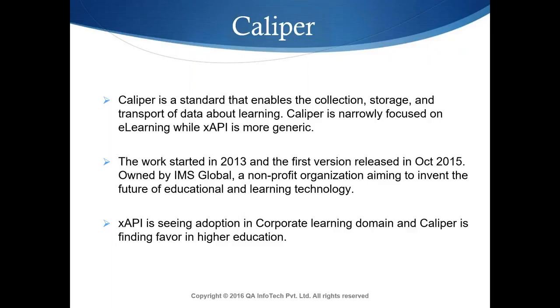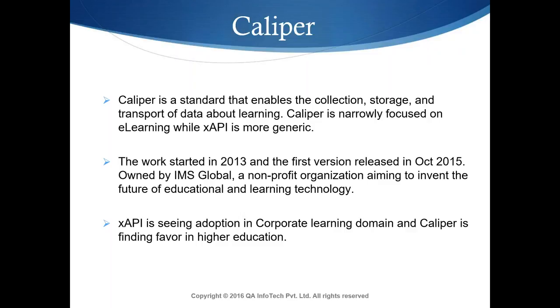The first version came out late last year. xAPI is owned by ADL, and now there is another consortium which is taking care of it, which is DISC. In the case of Caliper, it is IMS Global, which is a non-profit organization, and membership is required for people to access or use these standards.